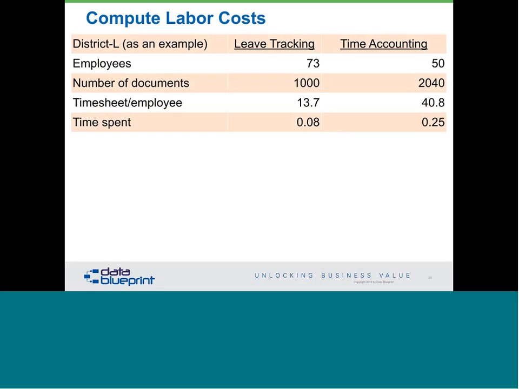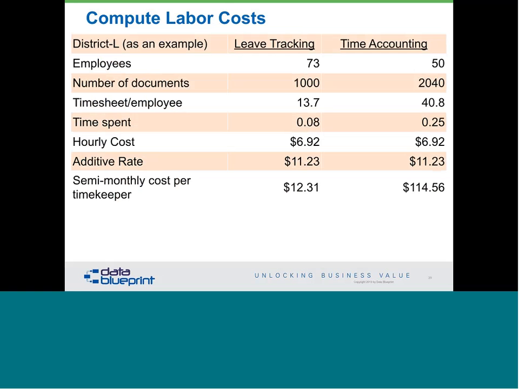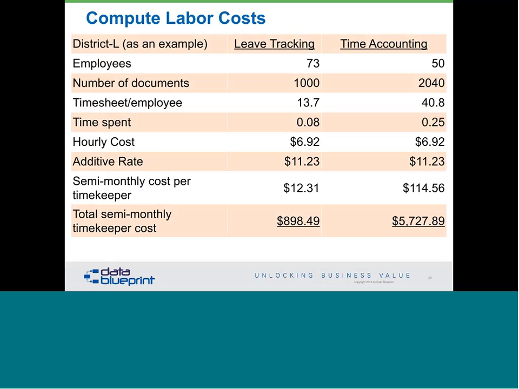Take the number of documents they were doing, the timesheets per employee, how much time was spent on each one, the hourly fully loaded cost, pull those numbers together, come up with a semi-monthly timekeeping cost, and then bring it up to an annual cost for this district of $137,000.